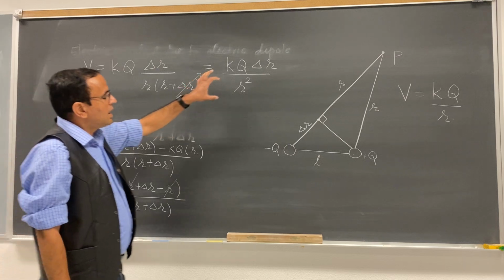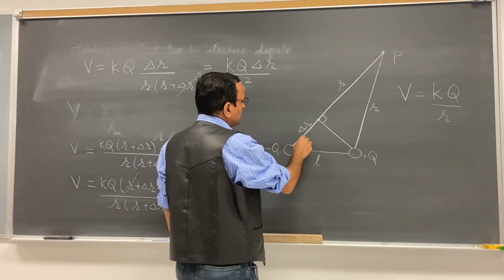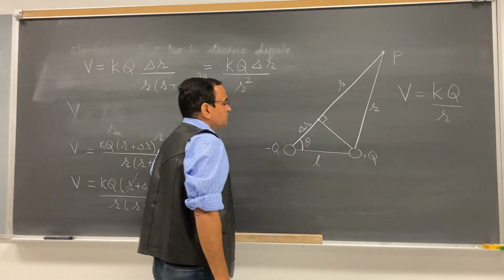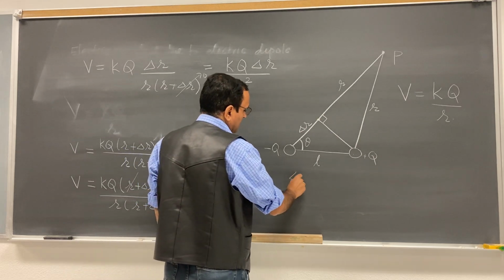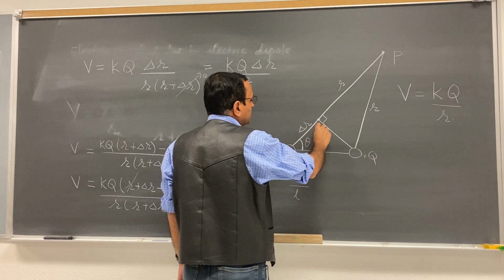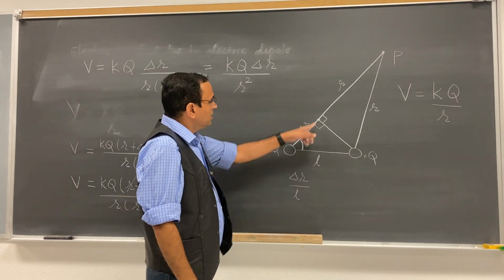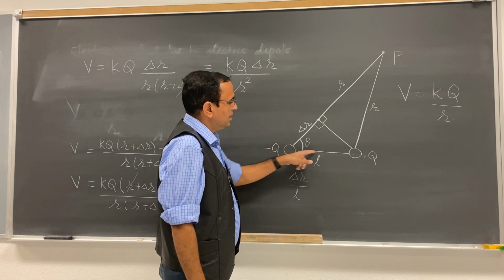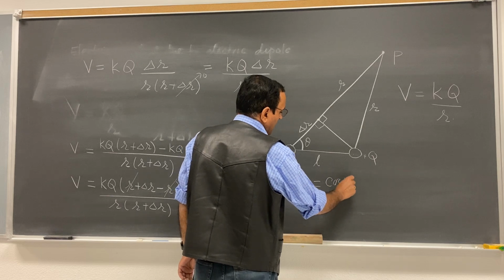Now look at this delta R. What is this delta R? If you consider this angle is theta, what is delta R then? Let me write down delta R divided by L. This angle is 90 degrees. So if you use this angle, delta R is adjacent and L is the hypotenuse. So adjacent over hypotenuse is cosine, and your angle is theta.